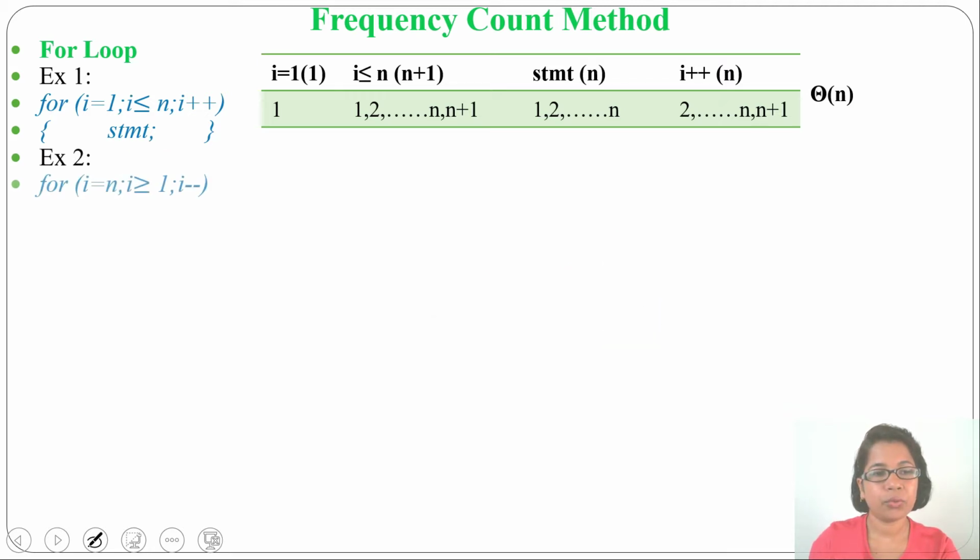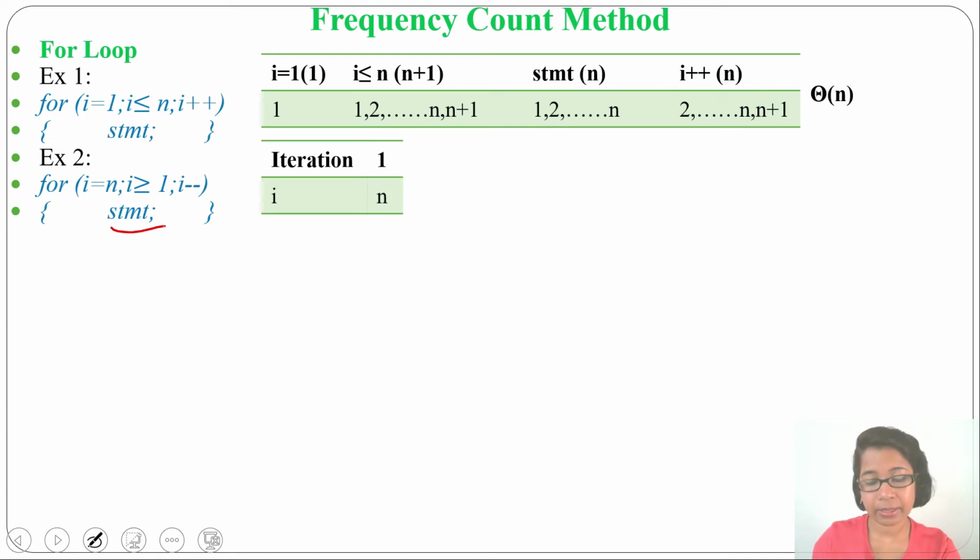Let's see example 2. If it is decrementing, initially I value is n, I greater than equals to 1, I minus minus, so it will run till the I value is greater than equals to 1, and inside the for loop some statements are given. So I will just show how many times this statement will execute. For the first iteration, I value will be n.